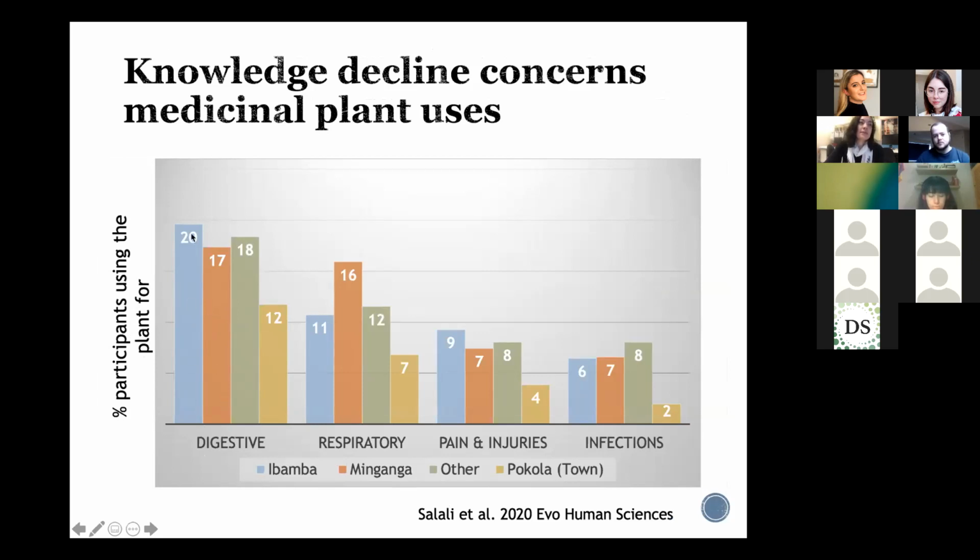For example, in this forest camp, 20% of the participants used a plant for digestive system disorders, whereas you can see that among people who were born in town, this declined. So what this suggests is that this decline in plant knowledge concerns medicinal plant use. Their repertoire of medicinal plant use is declining.